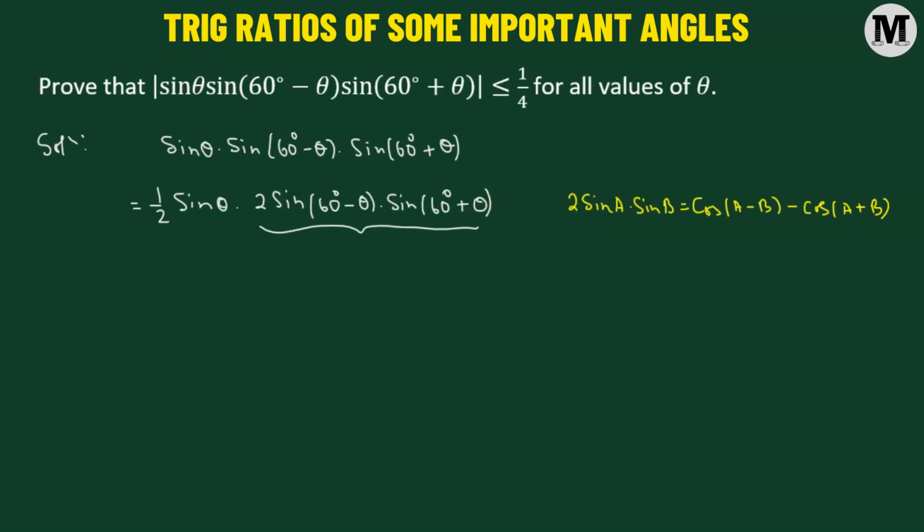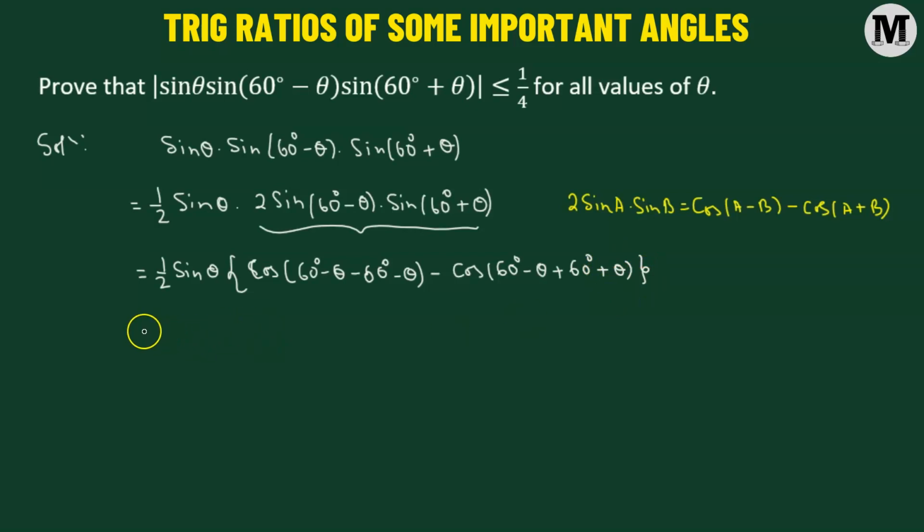So let's use this particular formula, and that's going to give us half sine theta multiplied to cosine of A minus B. Now that means we'll need 60 degrees minus theta minus 60 degrees minus theta, and subtract from it cosine of A plus B, so that's 60 degrees minus theta added to 60 degrees plus theta.